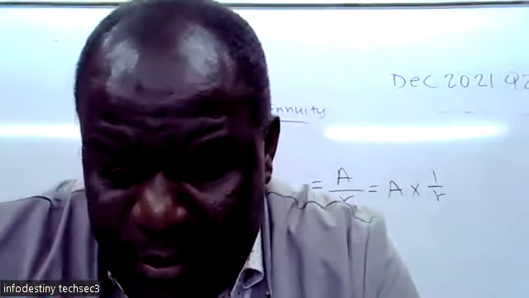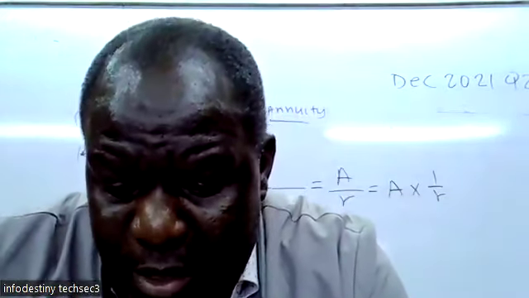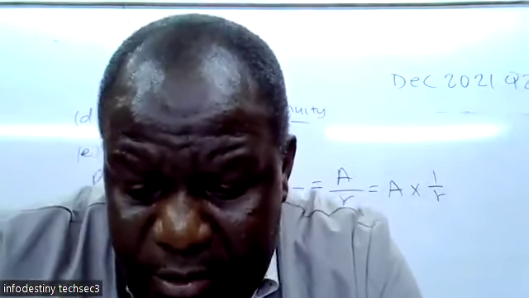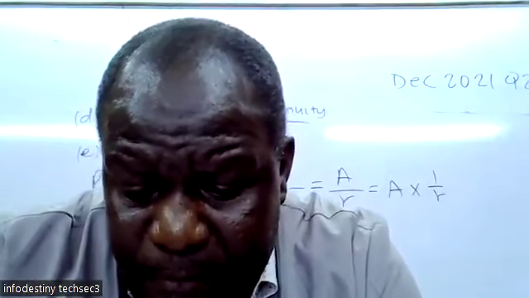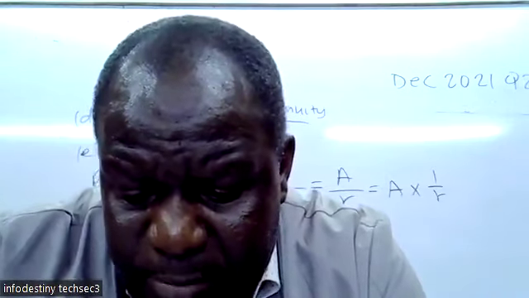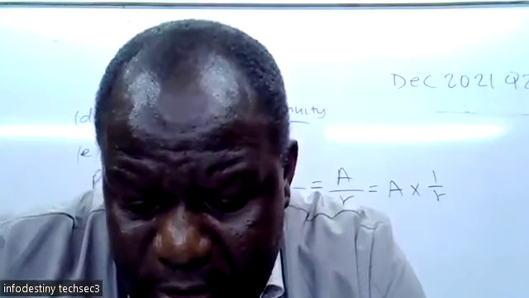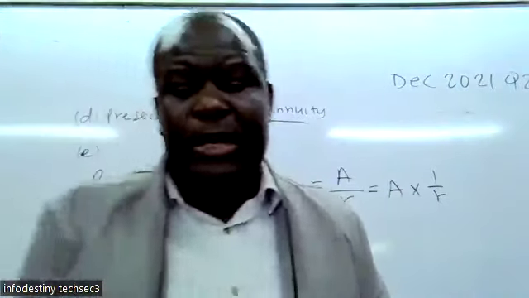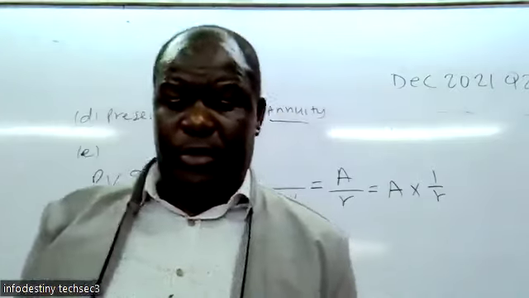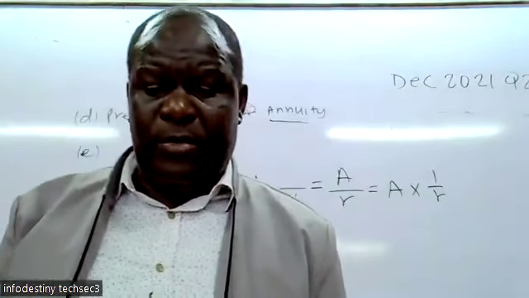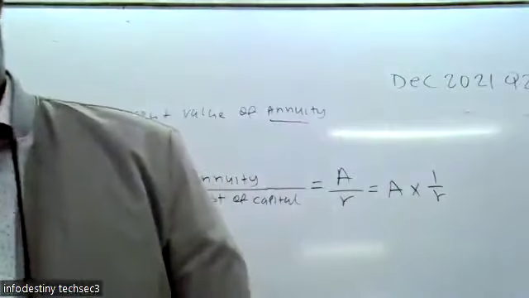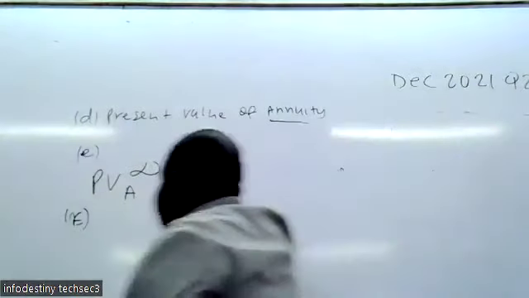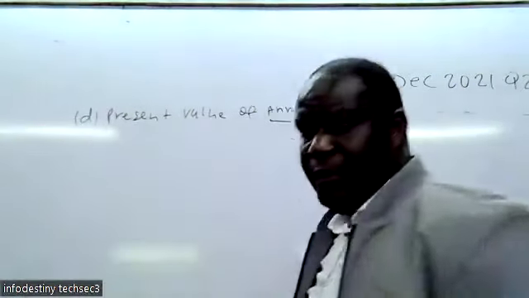So for that, we summarize that this is where the annuity is expected to increase at a constant growth rate per annum until infinity.